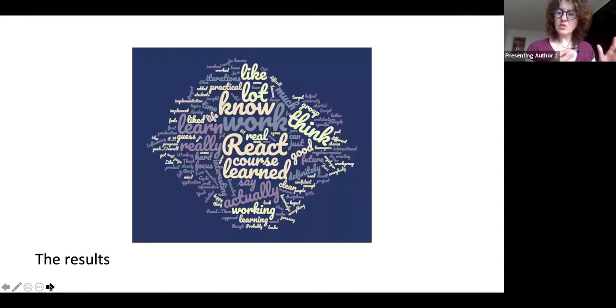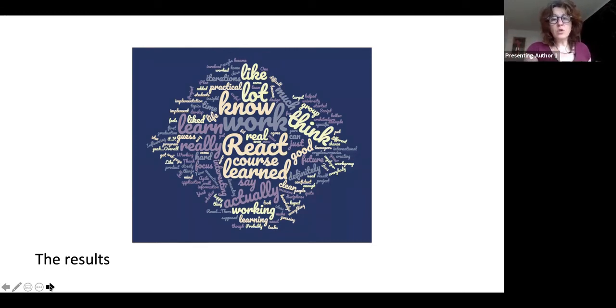I mean, the application was developed in React. So this is why we have React in the center. And for our students, that was really challenging. They spent a lot of time on learning React and how to take this application from prototyping to a fully functional application.